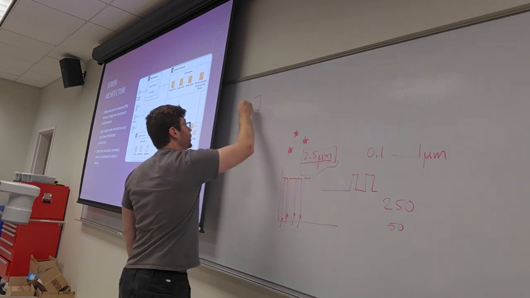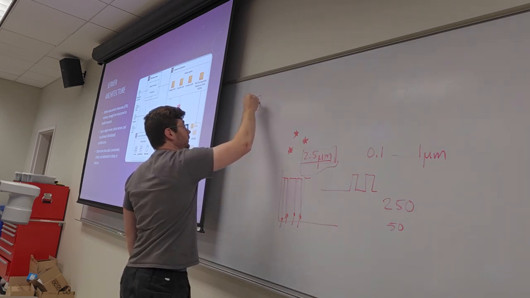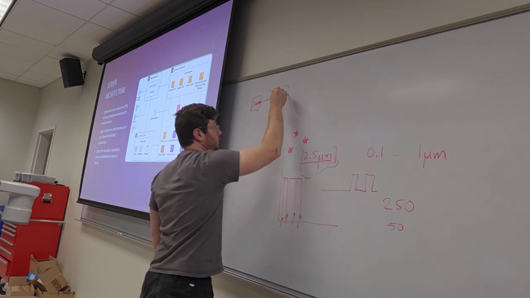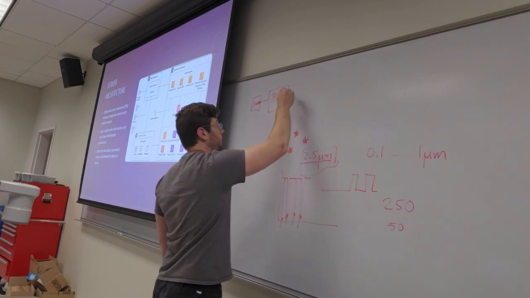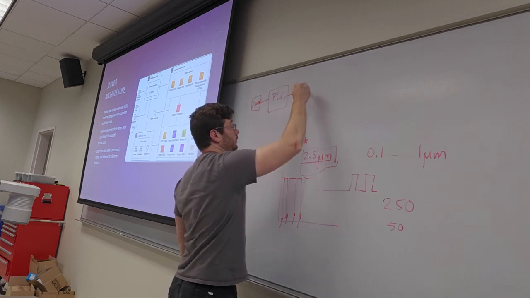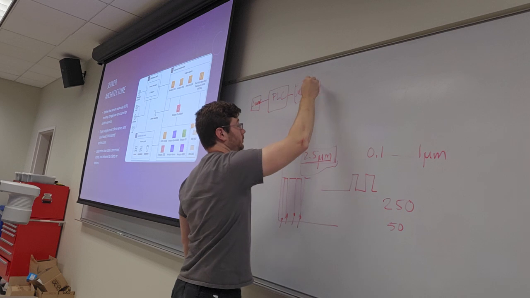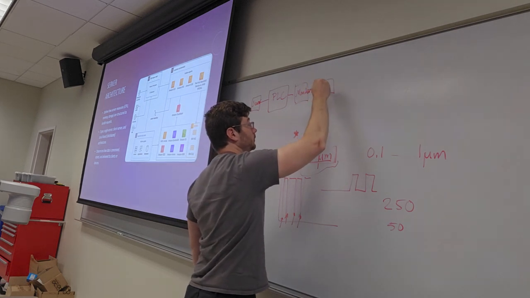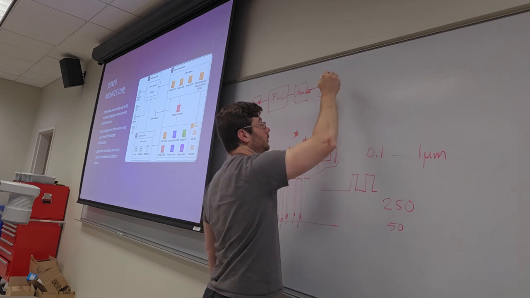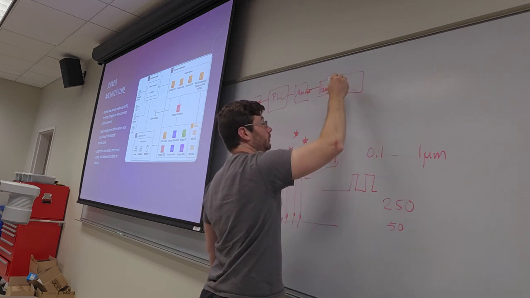Right, so we have our sensor, and then we have our PLC. Okay, then we probably have like a monitor, maybe some gauges. And then we probably have the cloud.